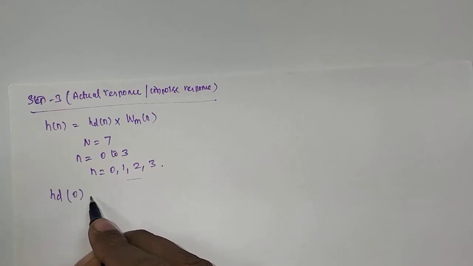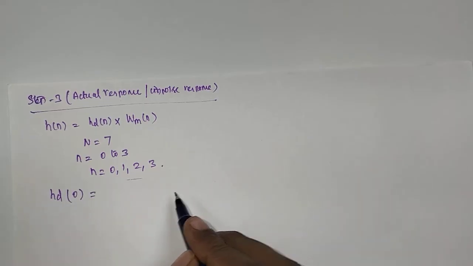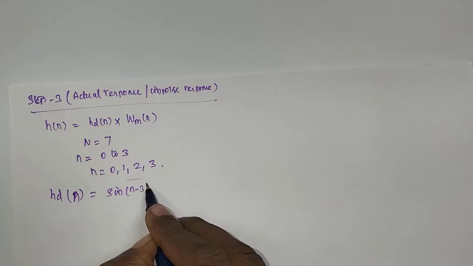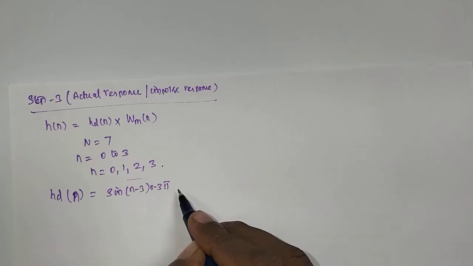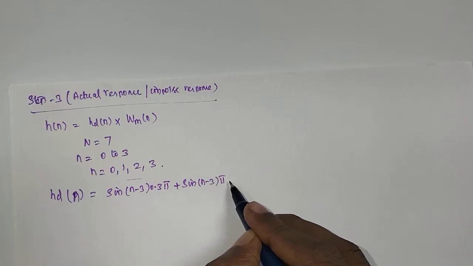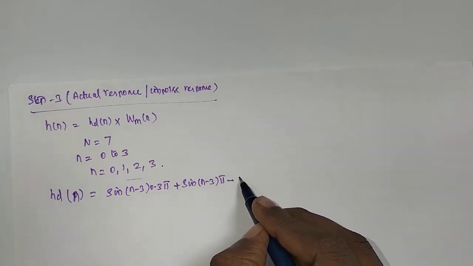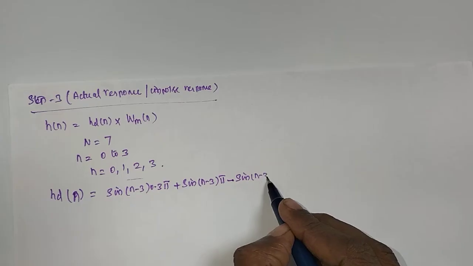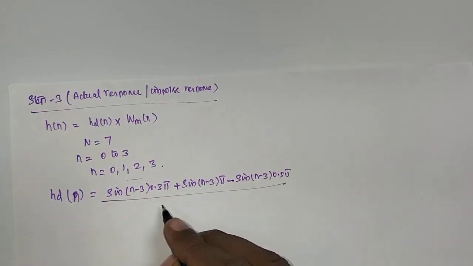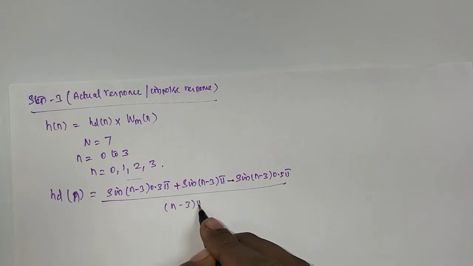For hd of 0, substitute 0 in hd of n, which is equal to sin((n minus 3) into 0.3 pi) plus sin((n minus 3) into pi) minus sin((n minus 3) into 0.5 pi), divided by (n minus 3) into pi.